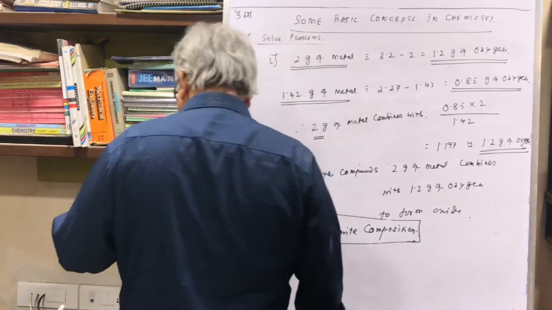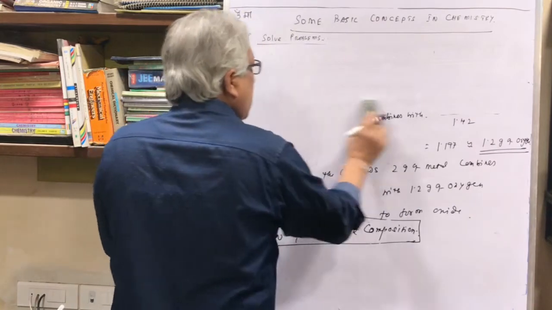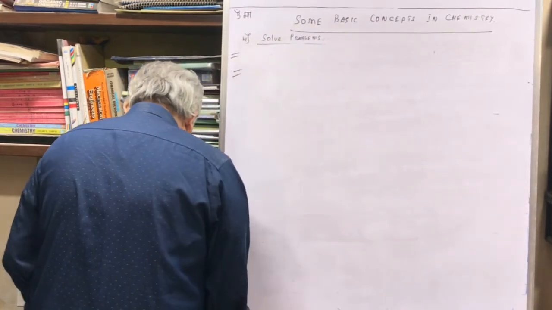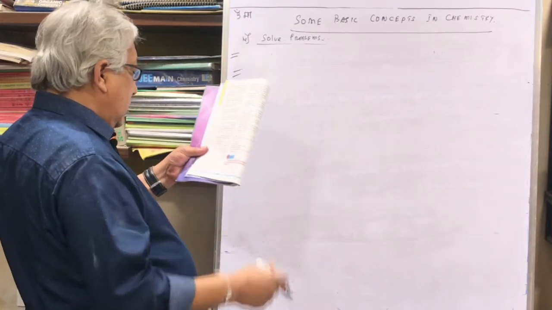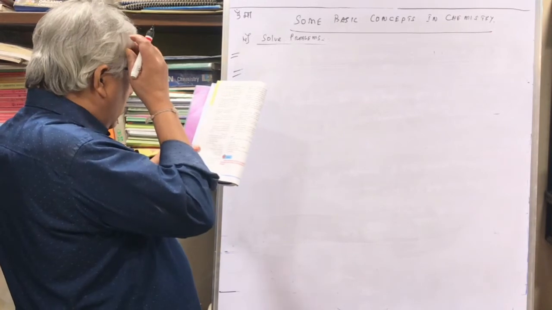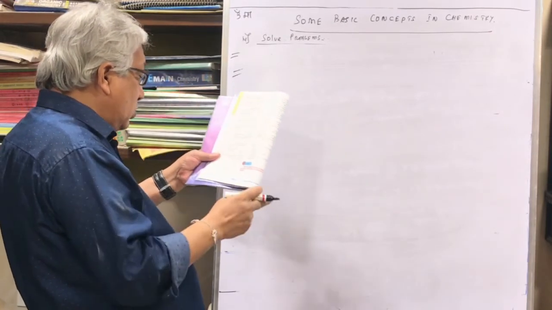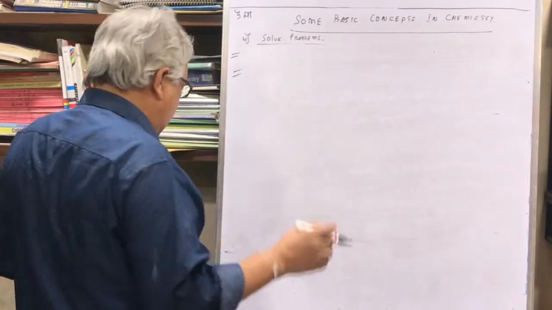Problem number M, if you read the problem, you will get to know that they have told me in 2 moles of acetaldehyde, calculate the following: number of moles of carbon, number of moles of hydrogen, number of moles of oxygen and number of molecules of acetaldehyde.